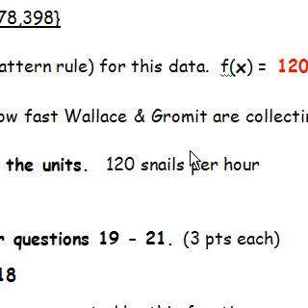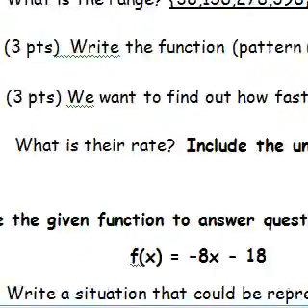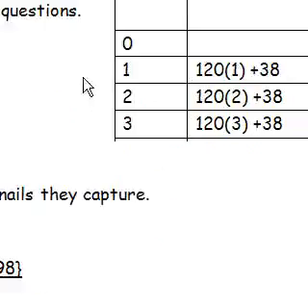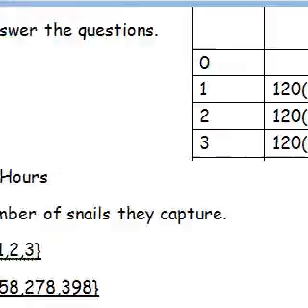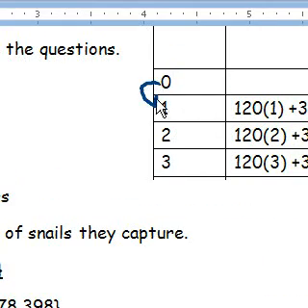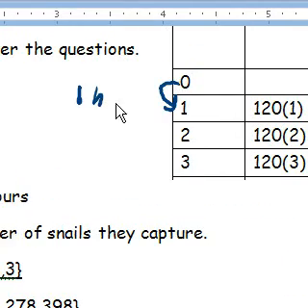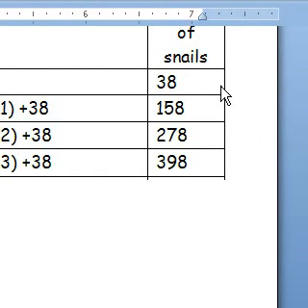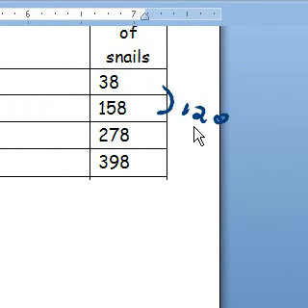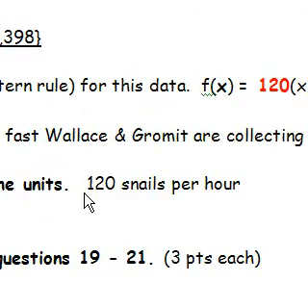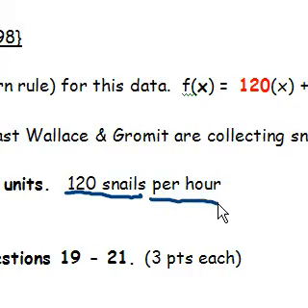Every time 1 hour goes by, they catch 120 snails. So that's 120 snails per hour.